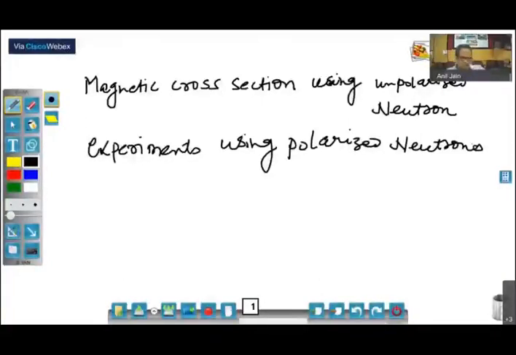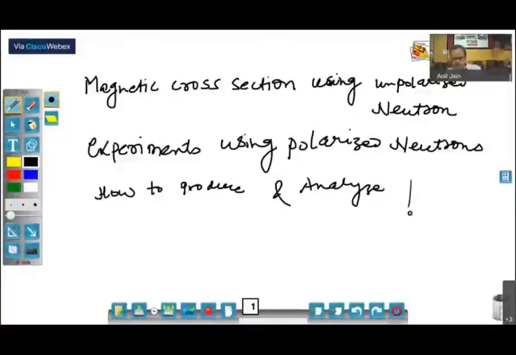To get this polarized neutron, one must have some technique to produce it. The question comes how to produce and analyze a polarized neutron beam.